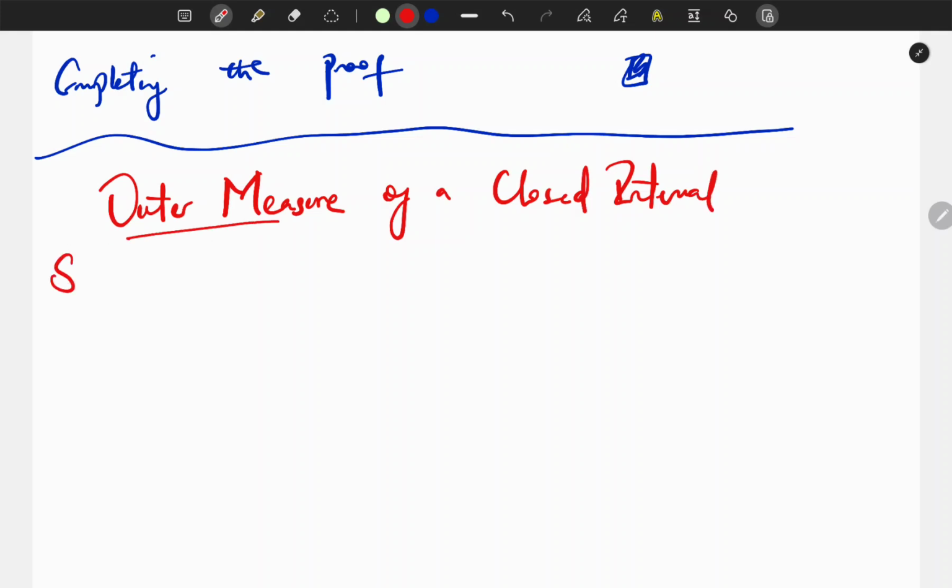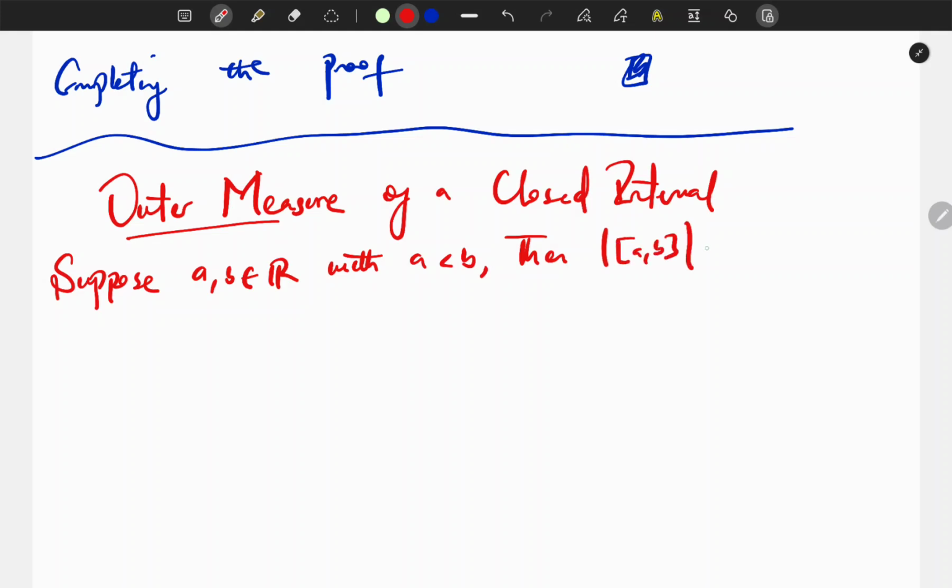So suppose a comma b belongs to R with a less than b, then the outer measure of a closed interval should be equal to b minus a.